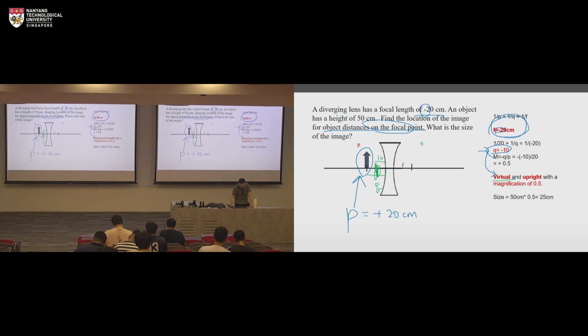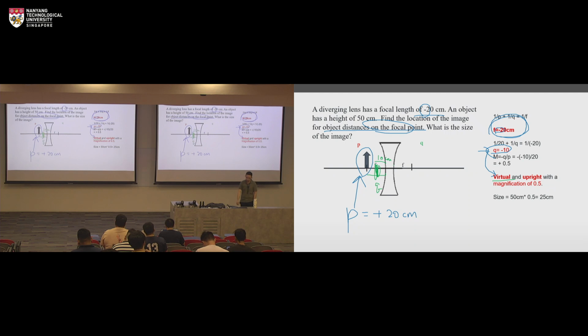Only 10 cm. All right, so P is 20 in front, so it's positive, placed at the focal point over there. F is negative 20, provided by the question. So then you discover that your Q is negative 10. Q is negative, it means that it's in front, somewhere over there, 10 cm in front of your lens.